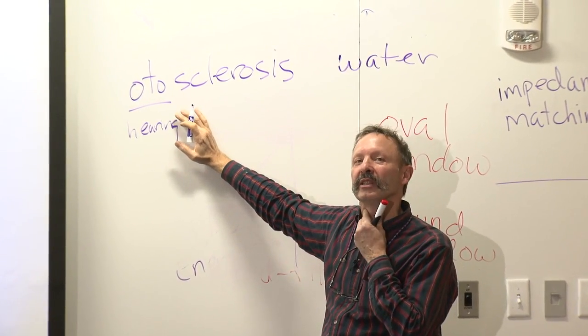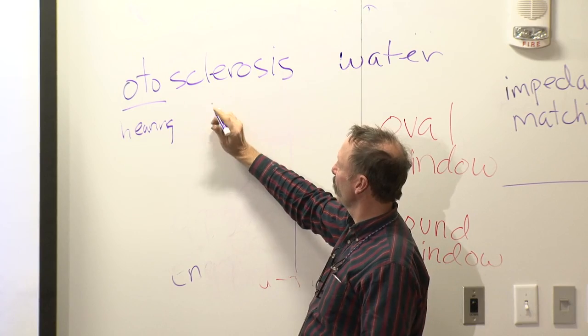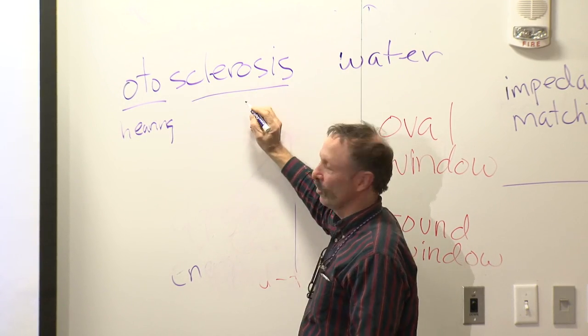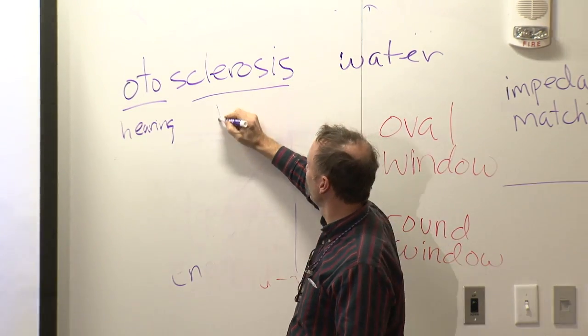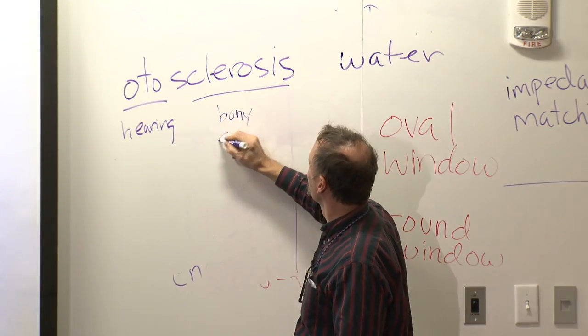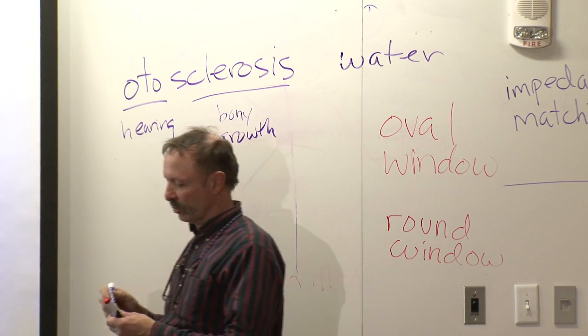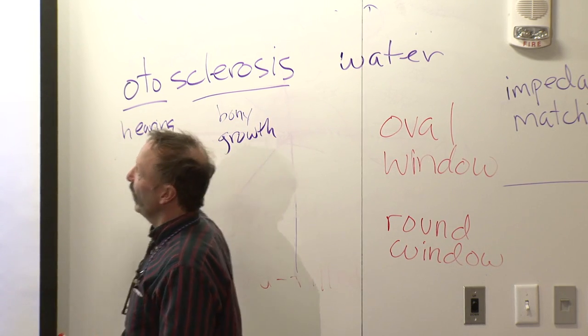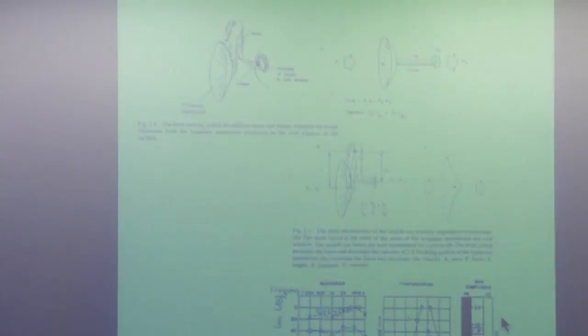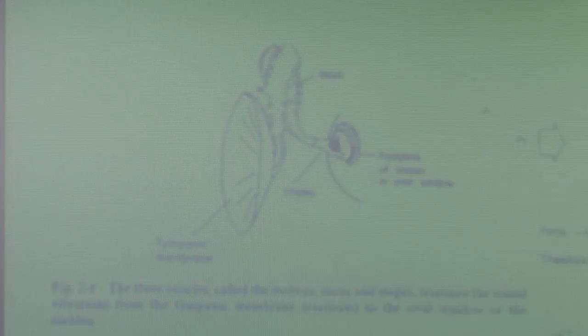And sclerosis means hardening or bony growths. Okay, and sometimes around the stapes, bony growths can grow around it and fix the footplate so that it can't vibrate anymore.